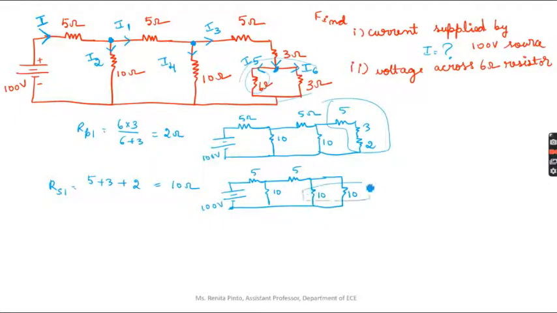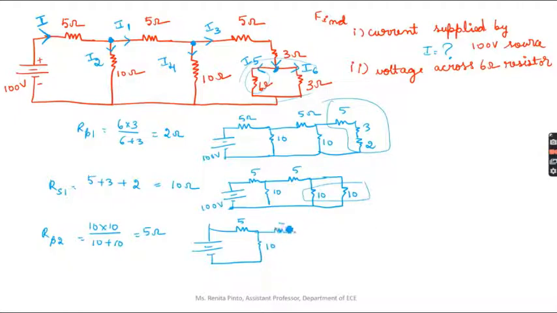Again, this and this are in parallel, so Rp2 will be 10 into 10 divided by 10 plus 10, which gives you 5 ohms. So I can also write this as 5 again. If you see 5 plus 5, this is in series, so I can write RS2 equal to 5 plus 5, which is equal to 10 ohms.